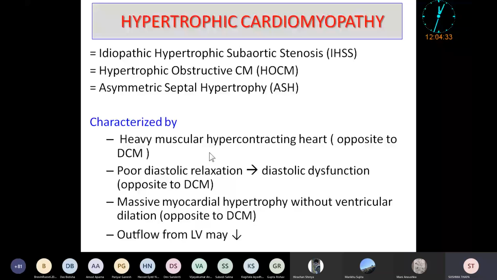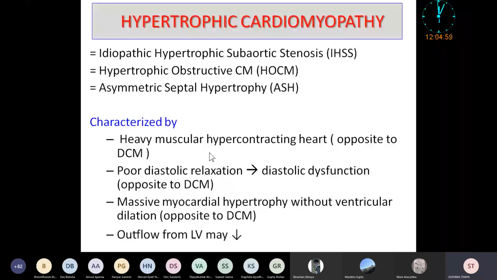Okay. Now coming to the hypertrophic cardiomyopathy. From the term itself, from the name itself, you have to know the disease part. Here it is hypertrophic cardiomyopathy. The synonyms are idiopathic hypertrophic subaortic stenosis, also known as hypertrophic obstructive cardiomyopathy, or also known as asymmetric septal hypertrophy.